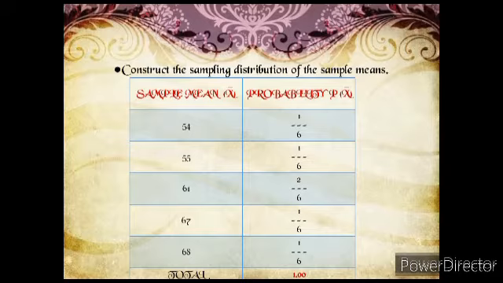Sample mean number 1, which is 54, and its probability is 1 over 6. 55, probability 1 over 6. 61, its probability is 2 over 6. 67, probability 1 over 6. And 68, probability 1 over 6. The total of all the probabilities equals 1.